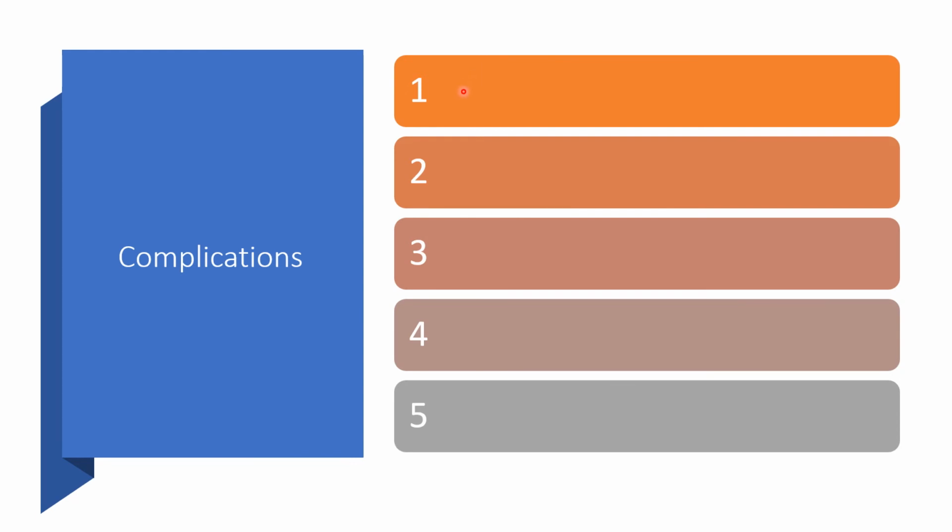Let's quickly go through the list of some possible complications from infective endocarditis. The topmost will be heart failure. When the valves are destroyed and you are faced with regurgitation, then the heart will not be able to pump enough to the rest of the body.